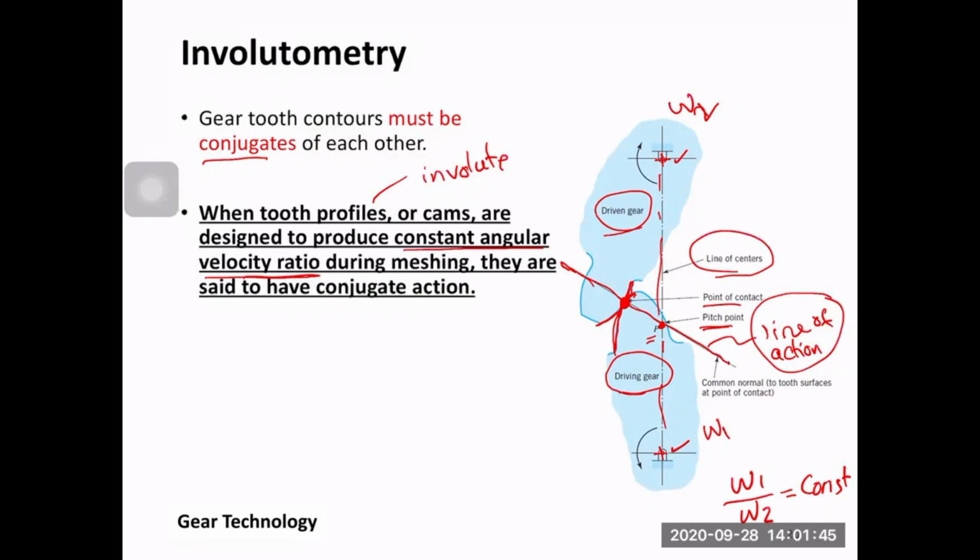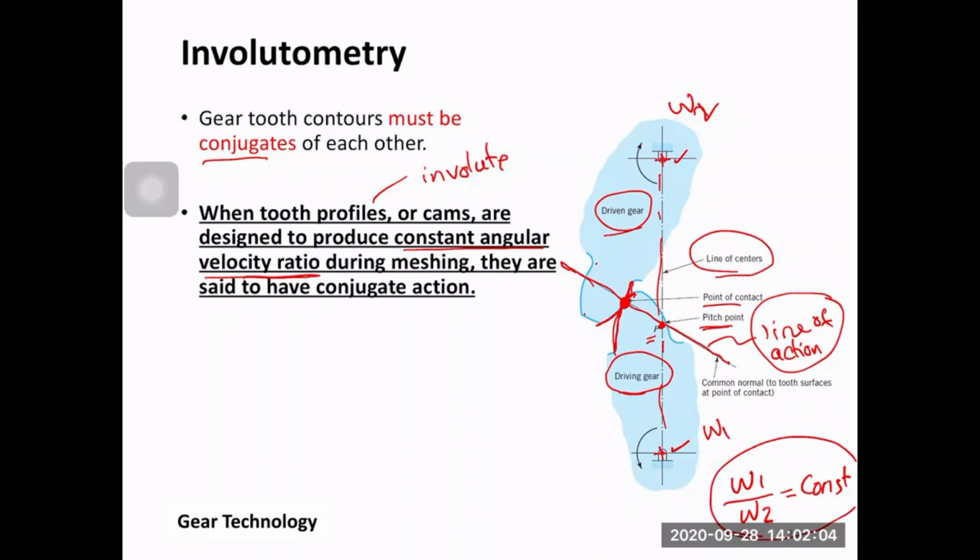This specific profile that offers this kind of constant angular velocity is called the involute profile. You can make this as part of a circle, for example, or any other shape, a straight line, for example. So this profile can take any shape.